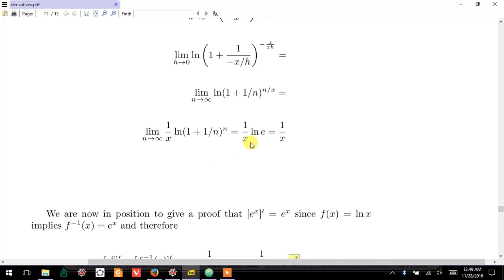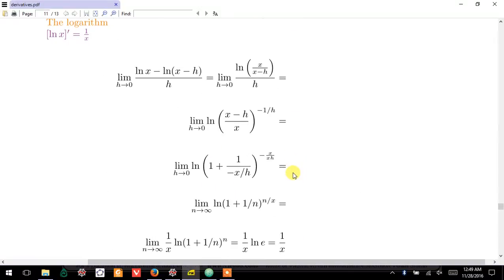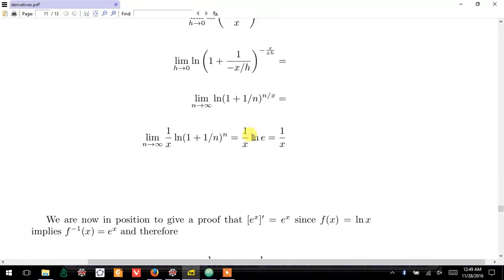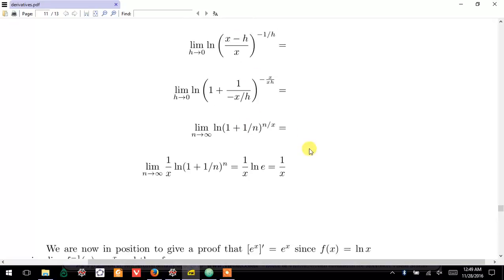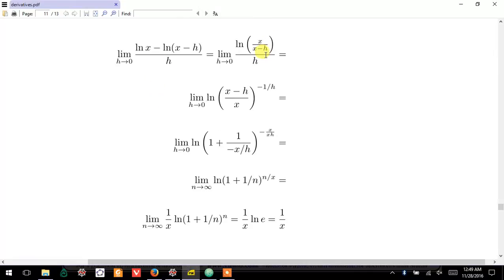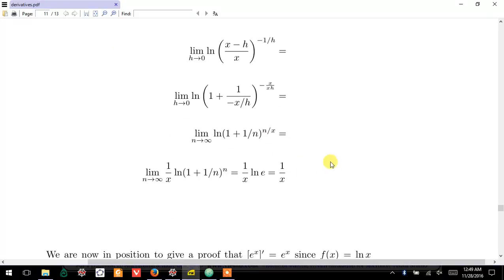I should also point out, by the way, that when we have other bases, how do you deal with bases other than e? Well, it is going to be different, and it's at least interesting to me to find out why it would be different. So much of what we did here was just generally using the properties of logarithms, and it didn't seem like I really used anything special about e at any point, except pretty much right here, that this is the definition of e, and that we are plugging into ln.